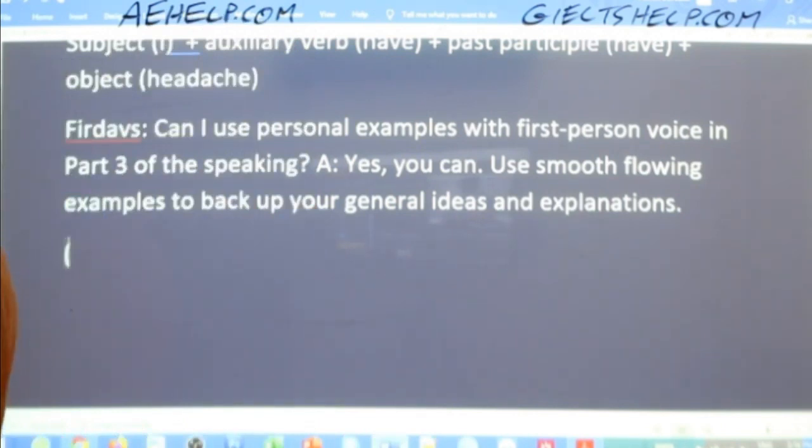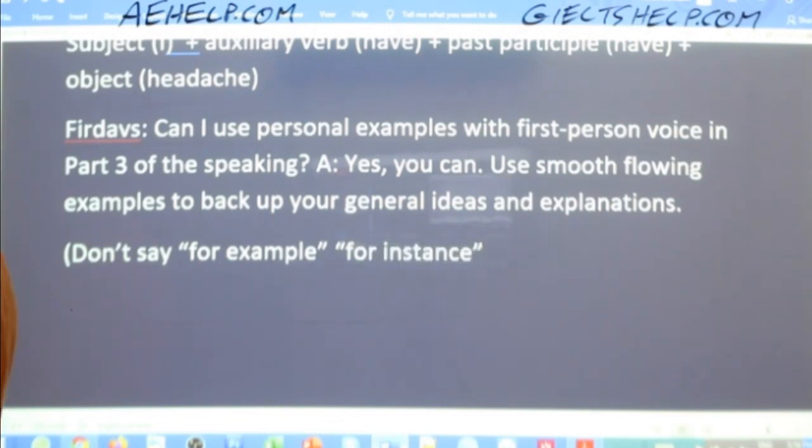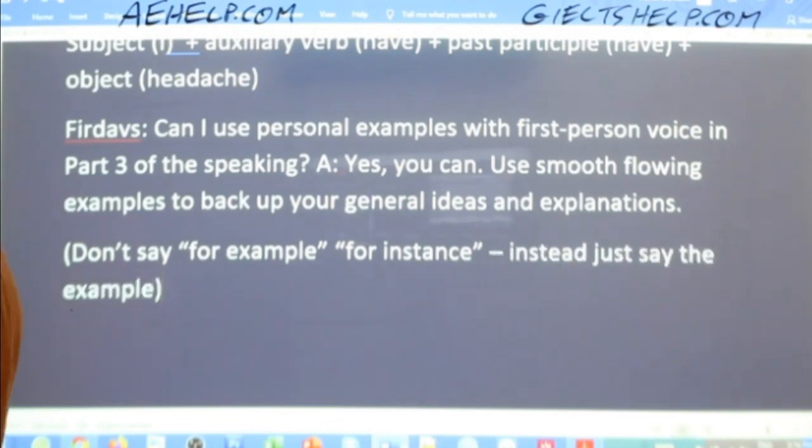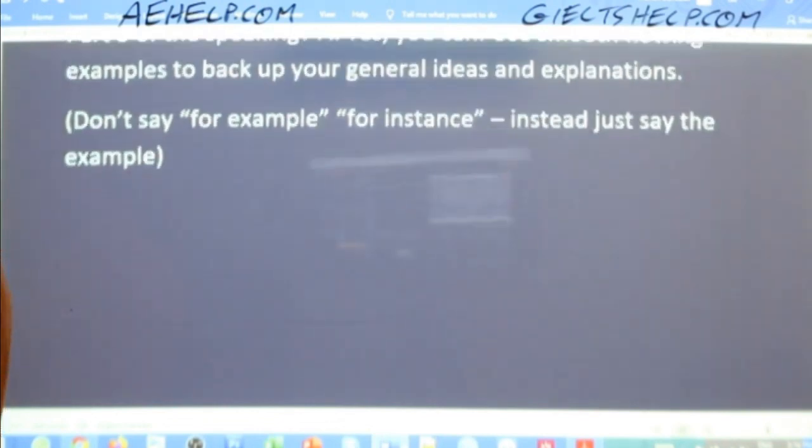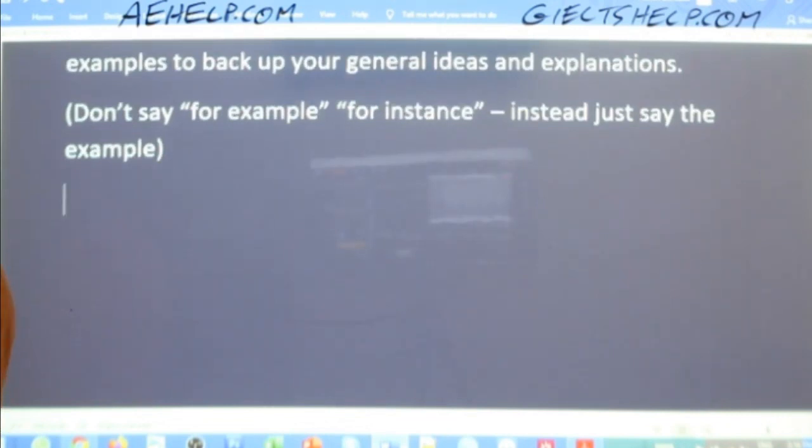Okay, so don't say for example or for instance. Instead, just say the example. Okay, so I'll give you one clear example of this.